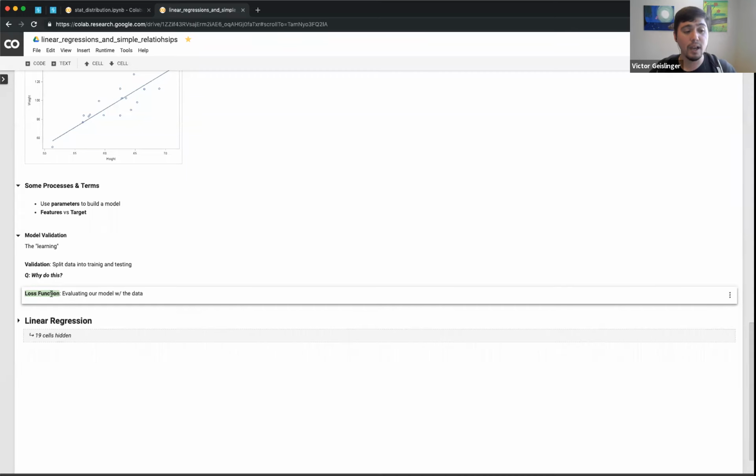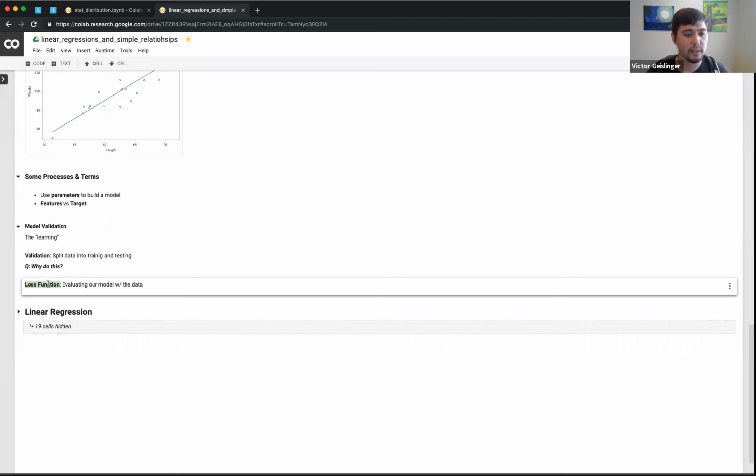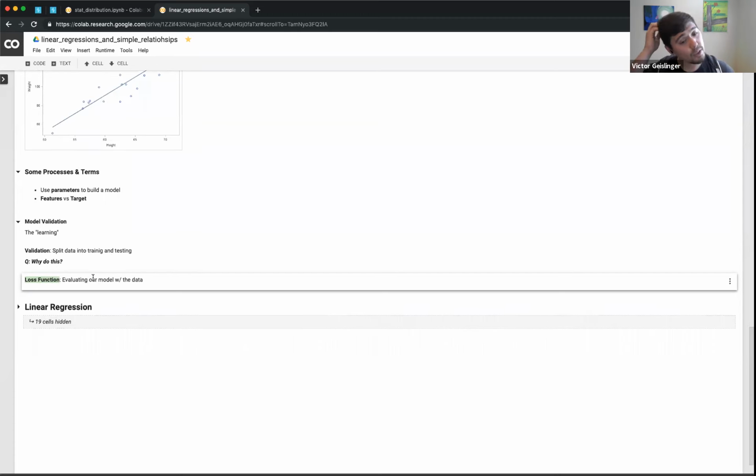It can be different depending on what algorithm or model you're using. In the case of linear regression, we'll use something called RSS, basically our residuals, how different our points are from our line. But in other models, we might use a different loss function, especially as we get into more advanced machine learning techniques. Okay, cool.